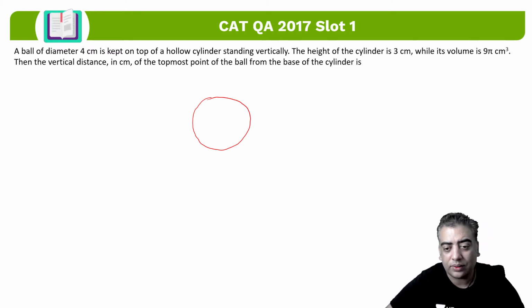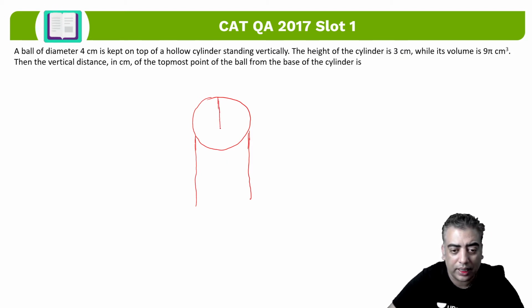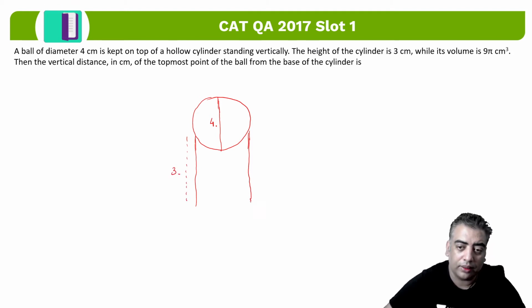So in this case, we just need to understand how the ball is kept on the cylinder. If you keep the ball on the cylinder, it will look like this. The diameter of the ball is given to you as 4 centimeter. The height of the cylinder given to you is 3 centimeter, and its volume is 9 pi.